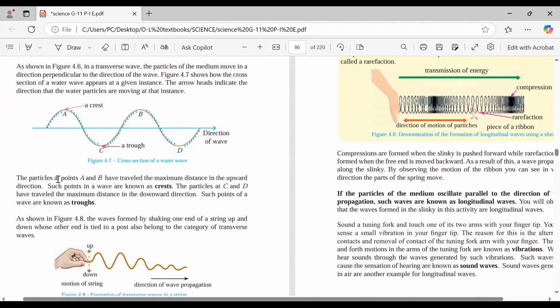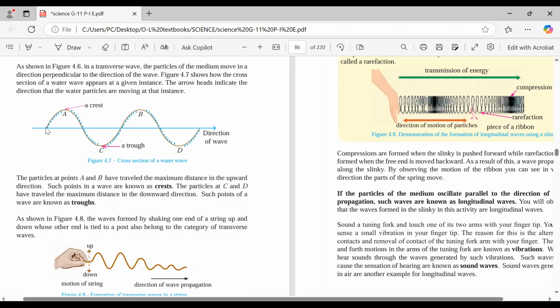The particles at points A and B have traveled the maximum distance in the upward direction, right? So when the particles travel to the highest point they can while a wave is occurring, we call that point the crest. And you can see over here, the particles C and D have traveled the maximum distance in the downward direction.